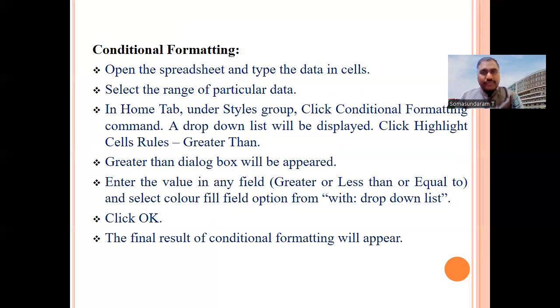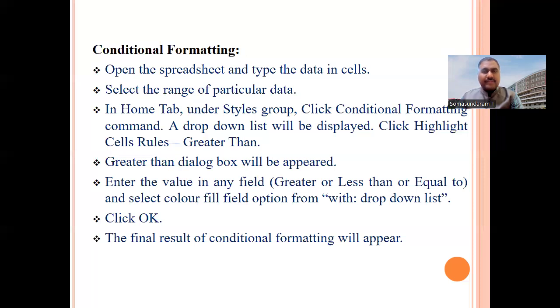So what is the procedure you have to follow for conditional formatting? Open your Excel and enter the data set, or copy the data set from various sources, and select the particular range, cell, or column. In the Excel file, in the Home tab under Styles, you have the option called Conditional Formatting.